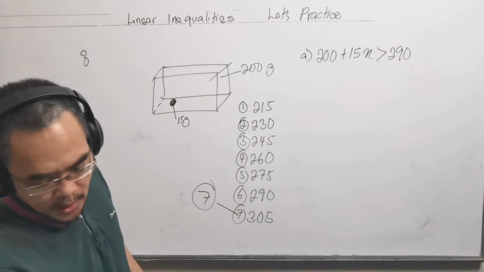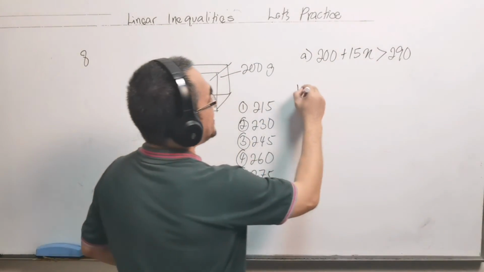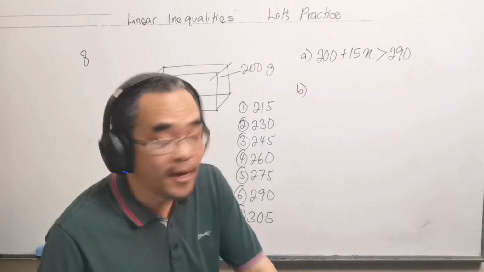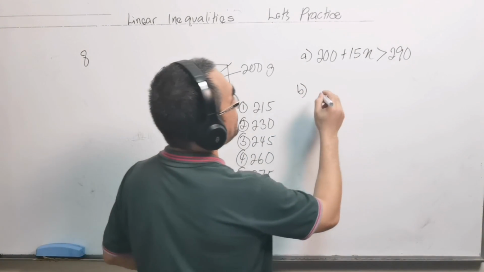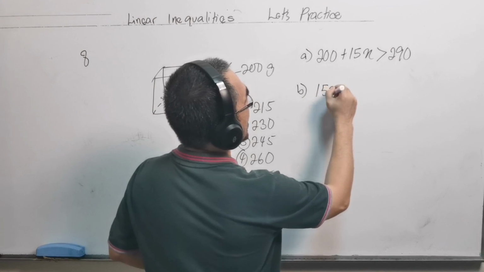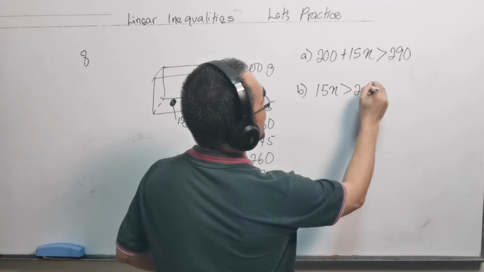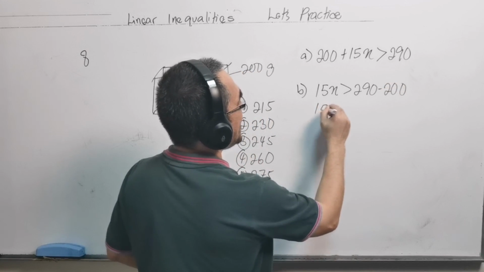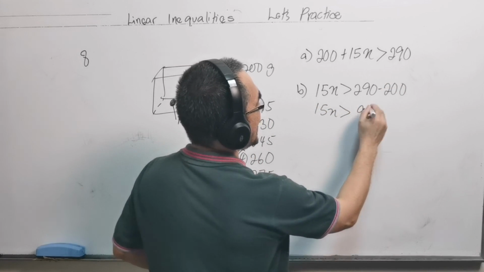And then in order to answer B, find the smallest value of n. So we have to move that 200. More than 290 minus 200. So 15x more than 90.